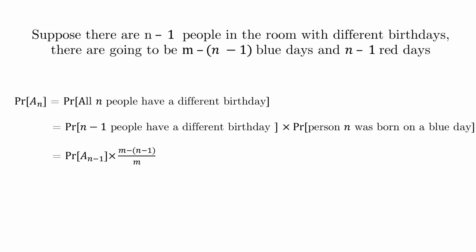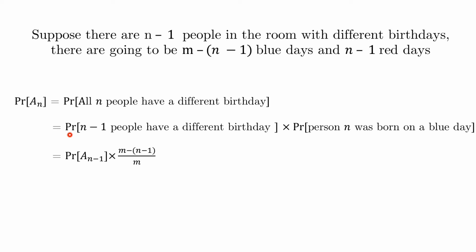Now we can simply write the probability that n minus 1 people have different birthdays as probability of A_{n-1}. We can do this because people are born uniformly and independently at random. And we can also write the probability of person n being born on a blue day as (m minus (n minus 1)) divided by m, because there are m minus n minus 1 blue days and people are born uniformly at random.